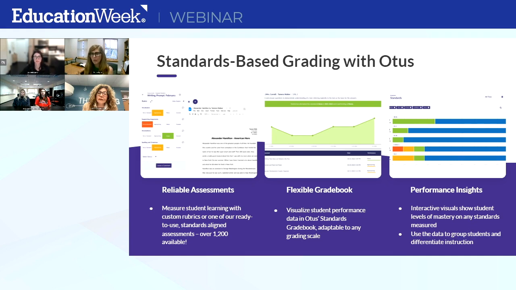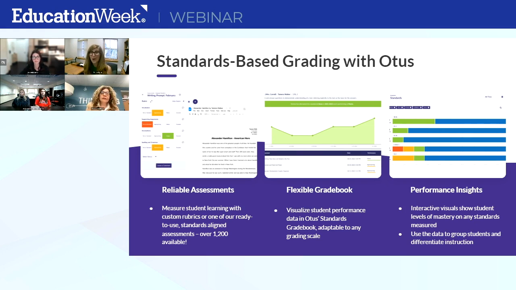Specifically in math, we do quite a few formative assessments just to see where kids are at. And then as they get to the end, there's a summative as well. Now, our families can get in. This is so different from our previous platform where it was just at the report card timeframe. We are trying to build this capacity so that all of our families can get in and see how their kids are doing towards those standards at any point in time.